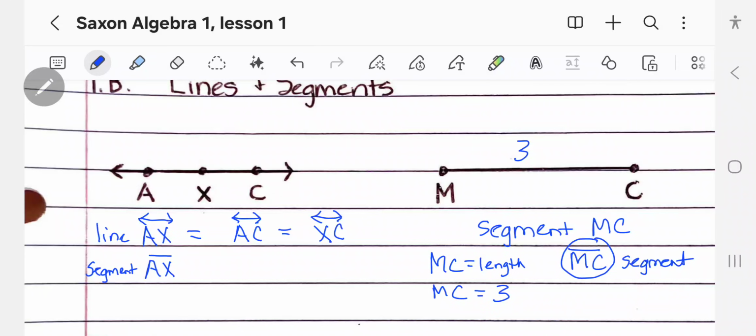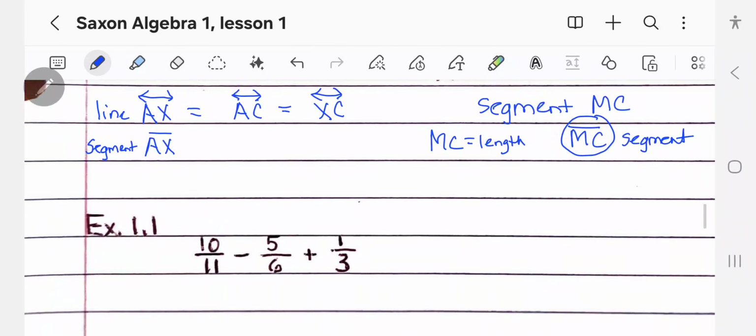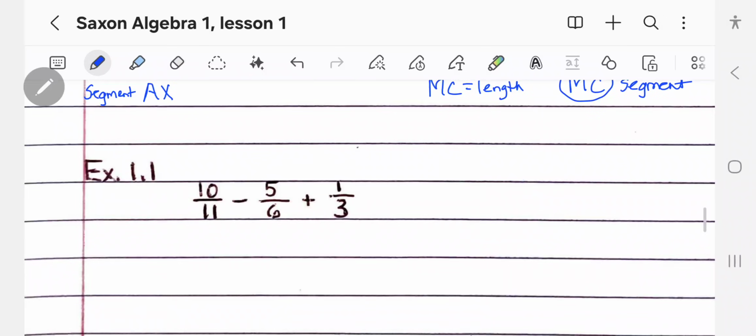And different geometry books do things a little bit differently, but that's how this Saxon book teaches it. Okay, now using that, you can do example 1 and example 2. Example 1 actually goes with lesson 1A, and example 2 goes with 1B, what we just talked about.